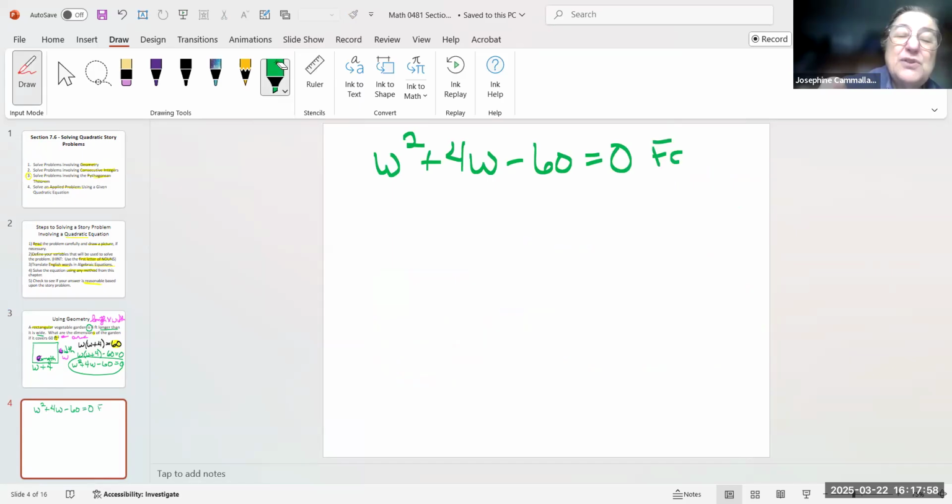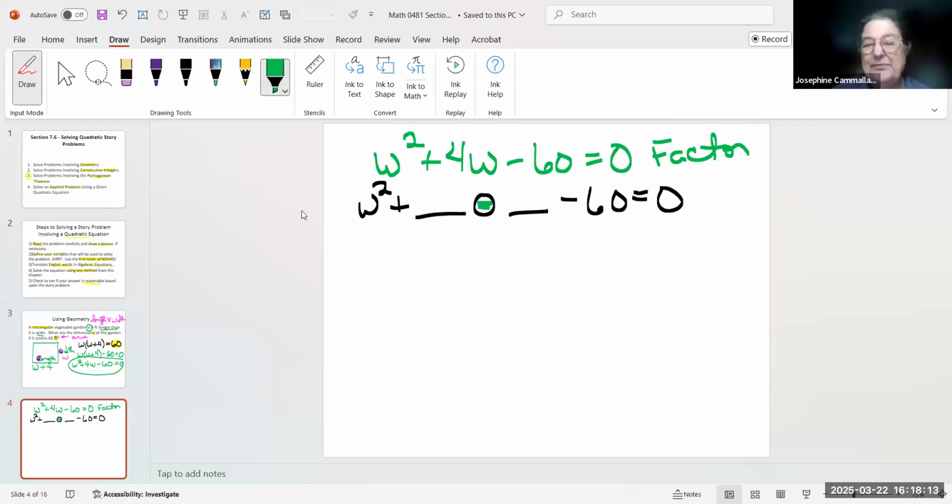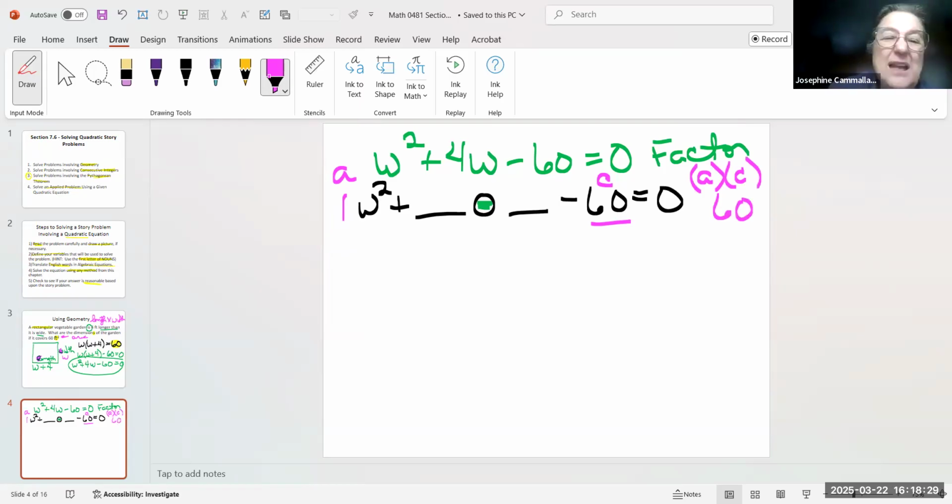I need to factor. Well, this is going to give me W squared plus blank, circle blank, minus inside that circle. I got to have a minus. Well, if you remember, this one is A. This 60 is my C. A times C, which is 60.